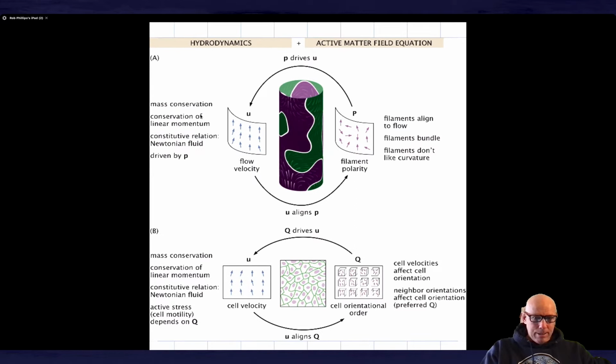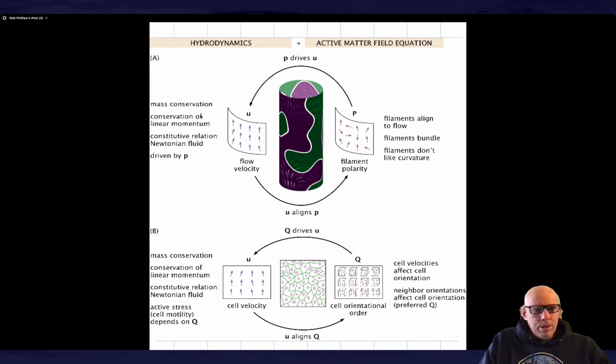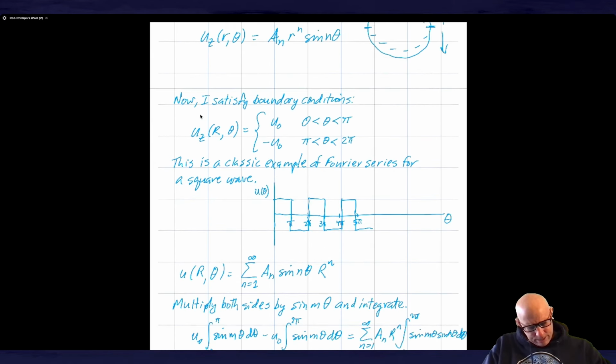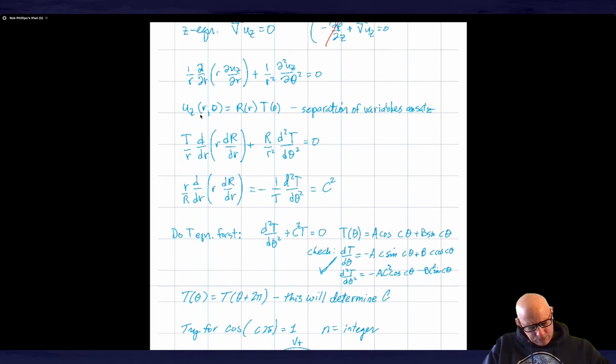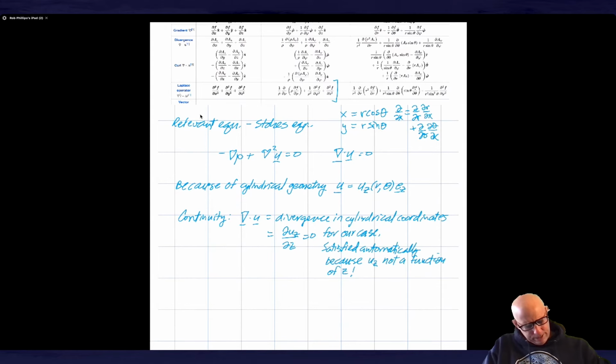What I like about this is that what we're doing now is we're augmenting the hydrodynamic description of the U field, which is basically given by the Stokes equation, and we're generalizing it. And maybe the way I can say that is that you'll recall from earlier that we had the Stokes equation, which maybe I can come up here and copy and bring downstairs.